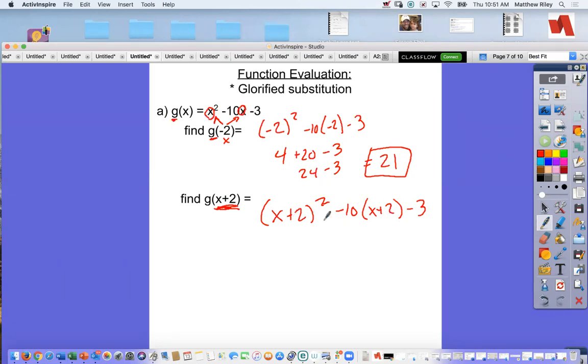Now be careful, because this is not X squared plus 4. What do you have to do with this? Square it. We're not solving, so we're simplifying. Boil it out. Now again, I know I'm going kind of fast right now. We'll slow down a little bit before we add too much.